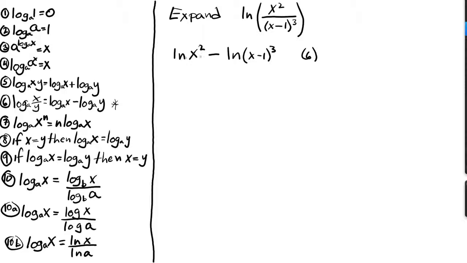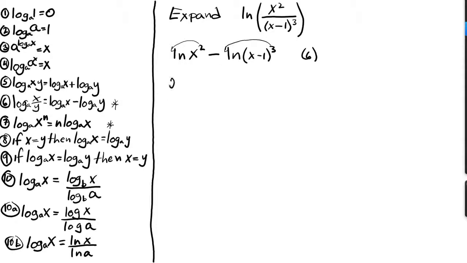Now both of these logarithms have exponents, so I'm going to look at Rule 7 again. Rule 7 says I can take those exponents and move them to the front of the log.